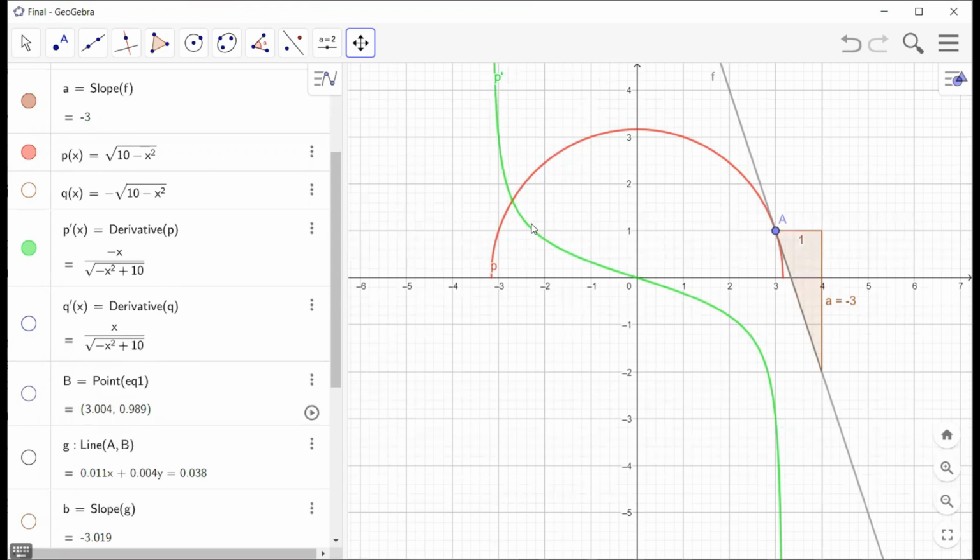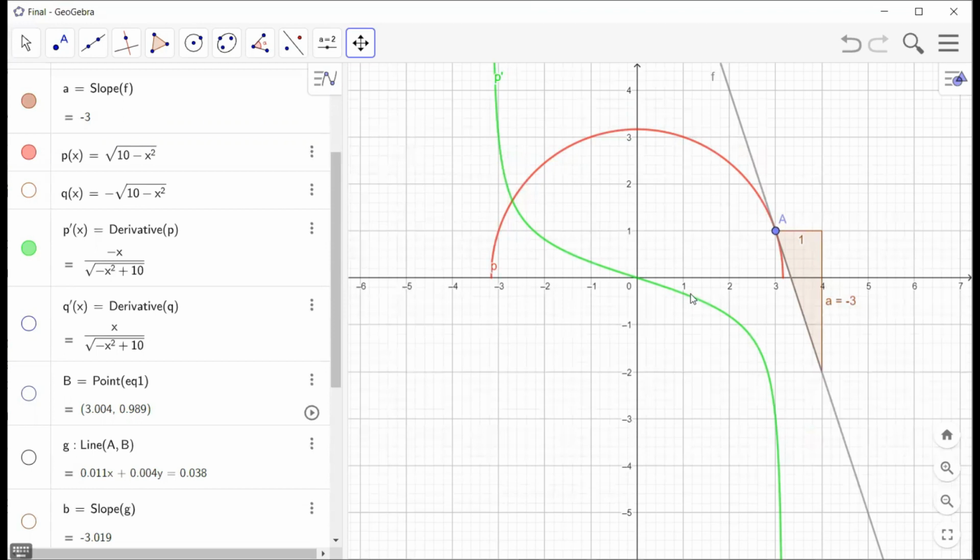P prime is the green curve, which is the first derivative of the red curve. So if we ask what about the value of p prime at x equal 3? At x equal 3, our answer here, p prime, it's -3 also.